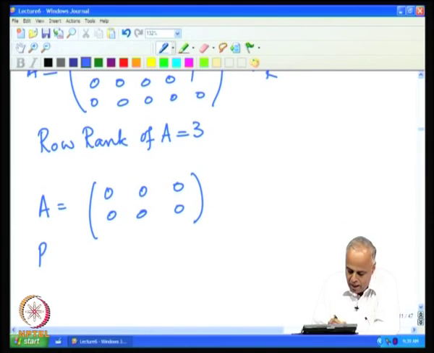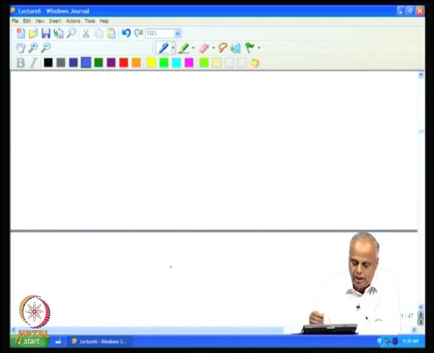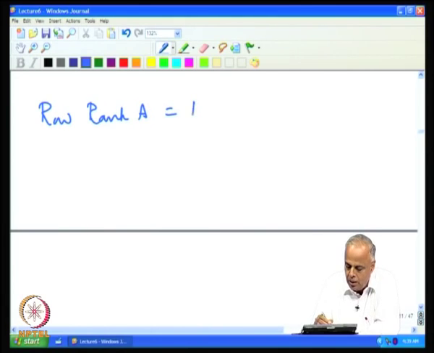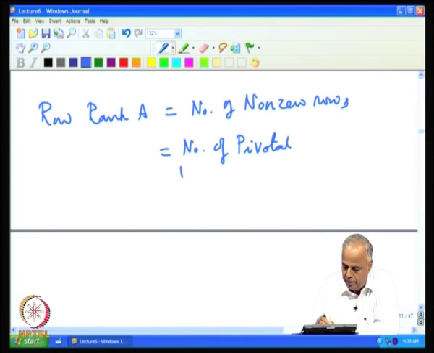So, the row rank, which is the number of non-zero rows, in this case is 0. So, the row rank of A is equal to the number of non-zero rows, which is also equal to the number of pivotal variables.